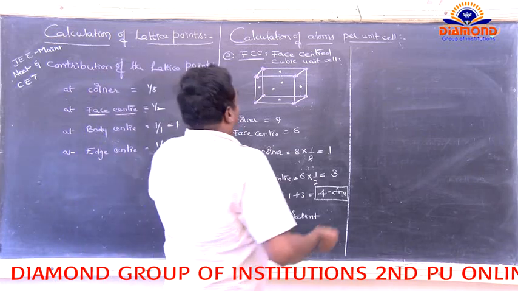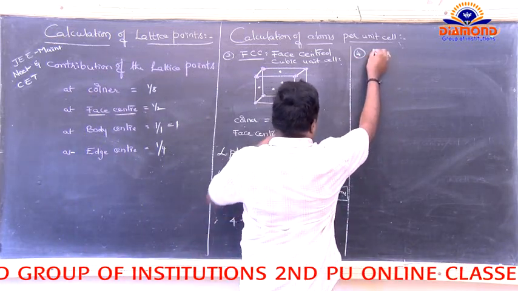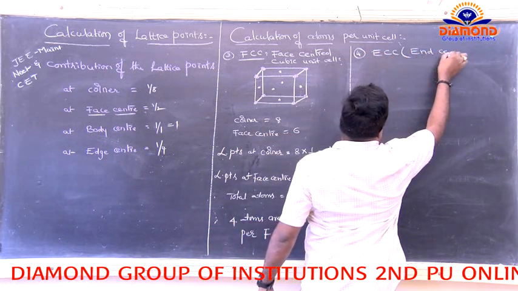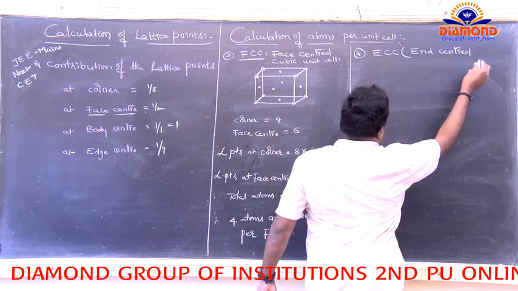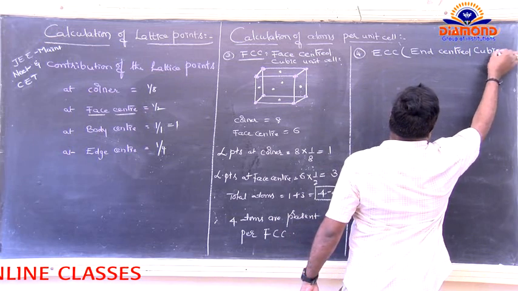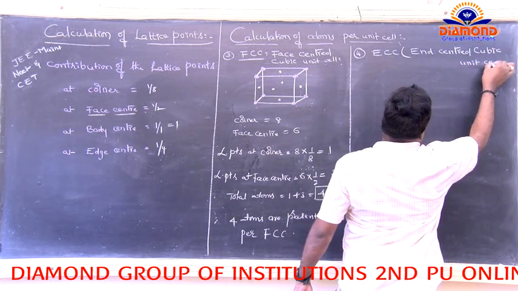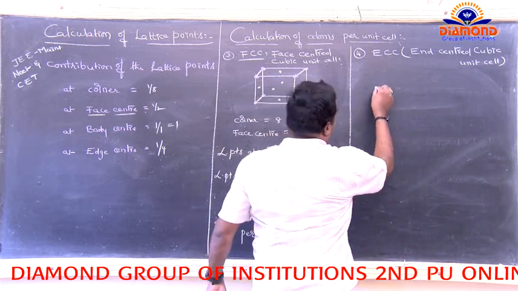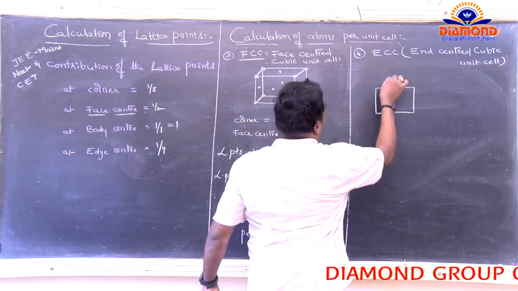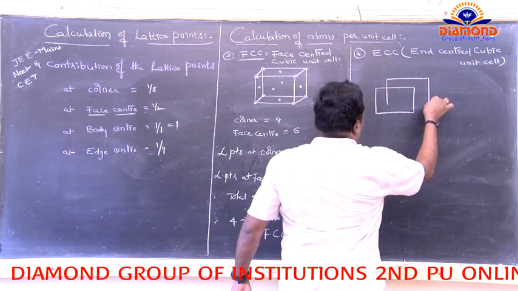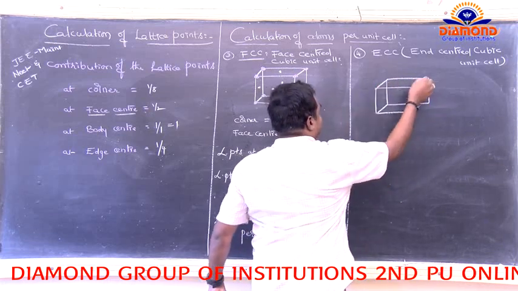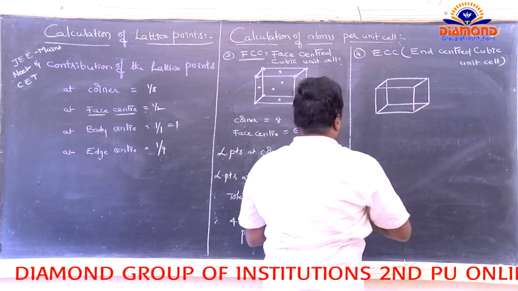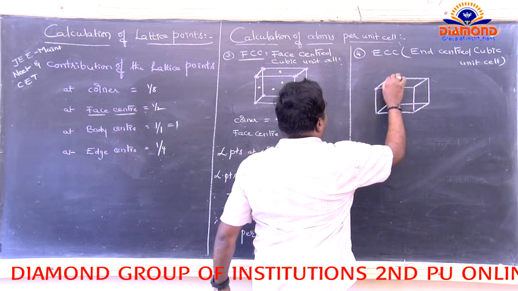In the same way, the next one, the fourth one, is the end-centered cubic unit cell. For this one, the diagram: 8 lattice points are present at the 8 corners, including any two opposite faces, where we get the lattice point.